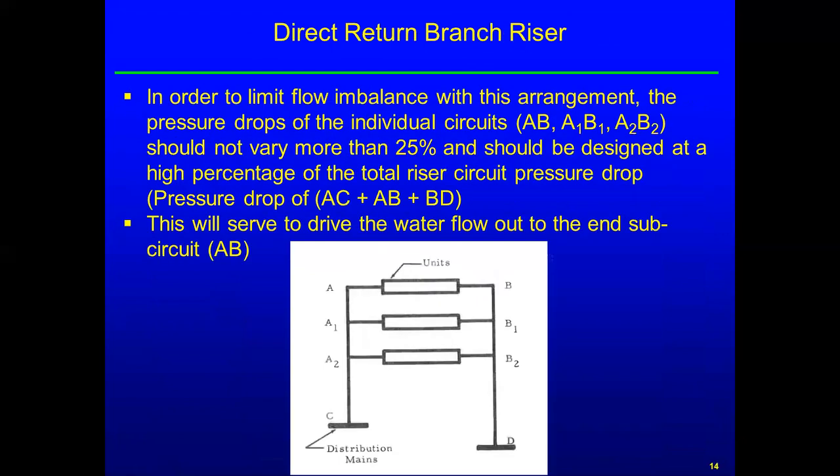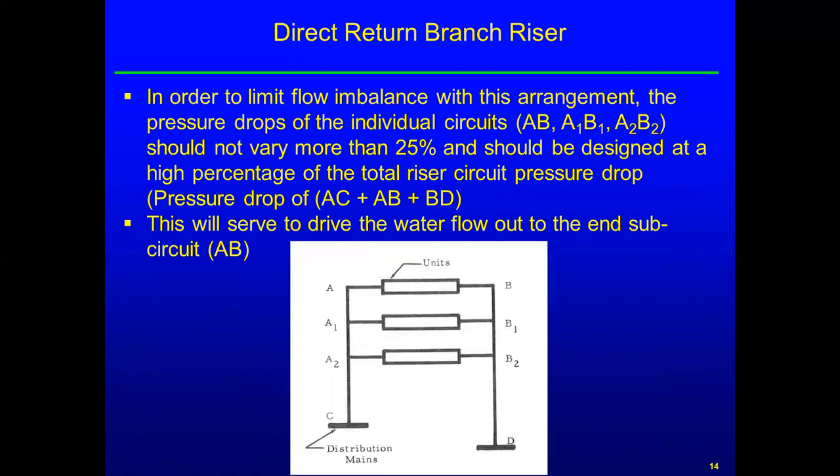There are some guidelines here. In order to limit flow imbalance with this arrangement, the pressure drops of the individual circuits AB, A1, B1, or A2, B2 should not vary by more than 25%. So you want to keep basically the coils, that's primarily coils, a little bit of piping, to have pretty much the same pressure drop.